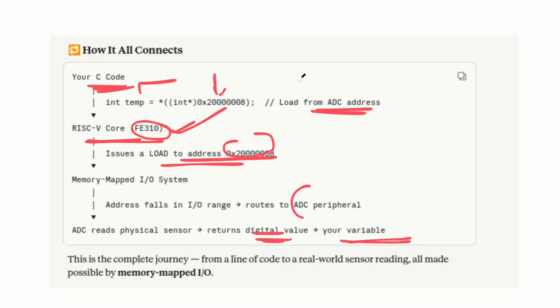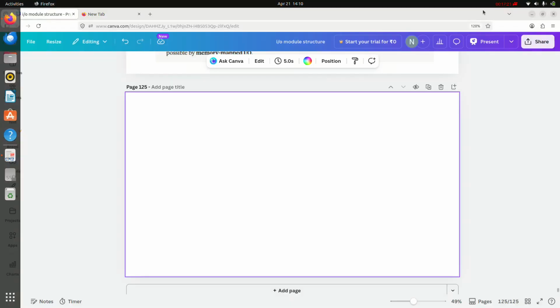Then we said, if you have a C code, let's say int temp equals, and I am writing one address, first the FE310 RISC-V core issues a load to this address. Then using the memory mapped IO system, we see whether it belongs to the IO range. Then it finds that address peripheral. From that address it will read the physical sensor and the digital value. That is what you get as your variable, the value that you needed. Okay, thank you.